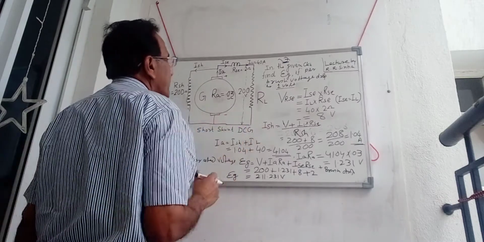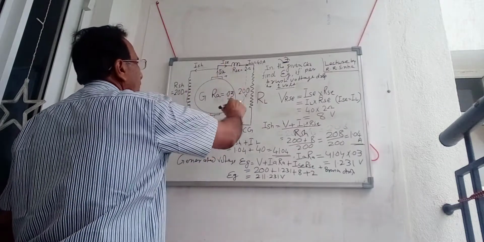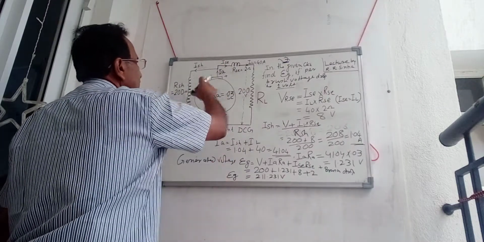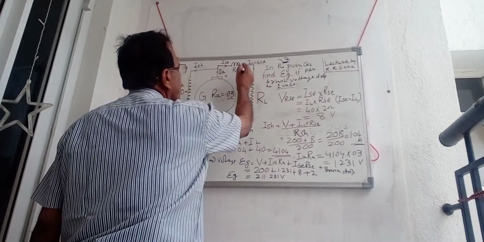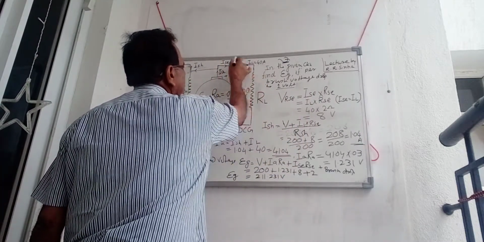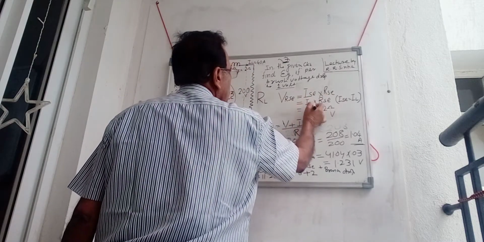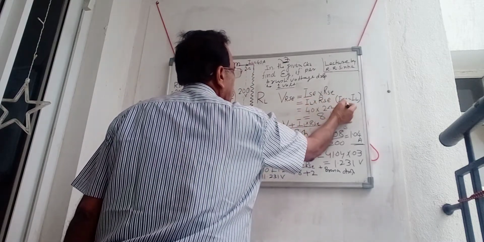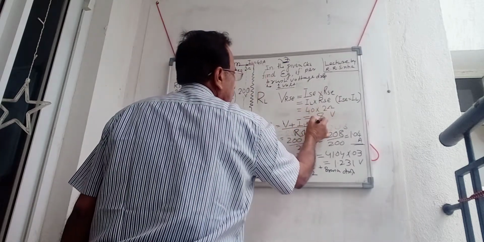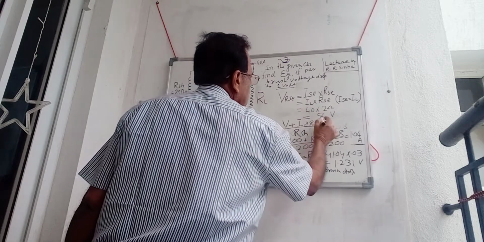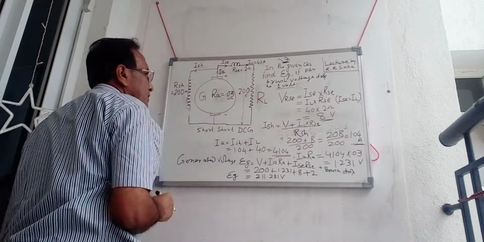This is a short shunt DC generator. We have to find out the generated voltage. First we will find the voltage drop across series resistance, VRSE, equal to ISE into RSE, that is IL into RSE, because ISE and IL are both the same. So 40 into 0.2 equal to 8 volt.